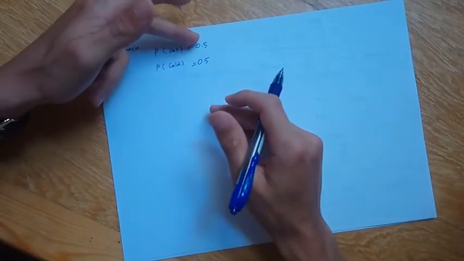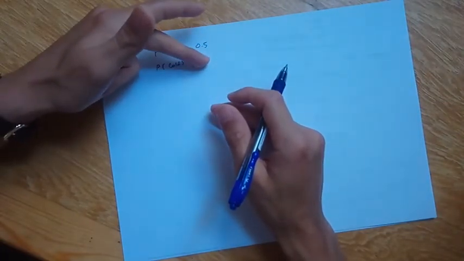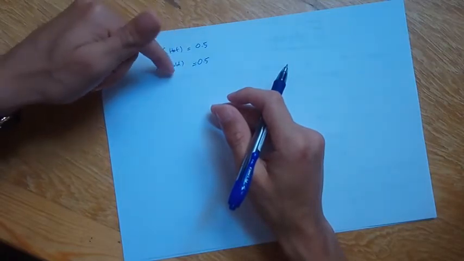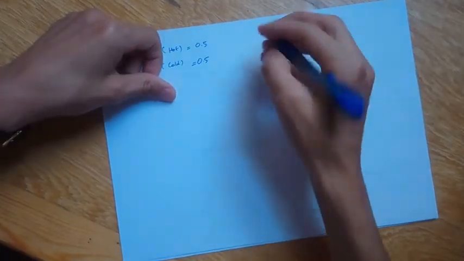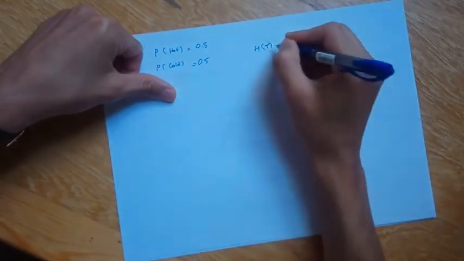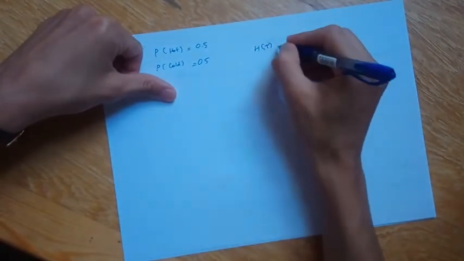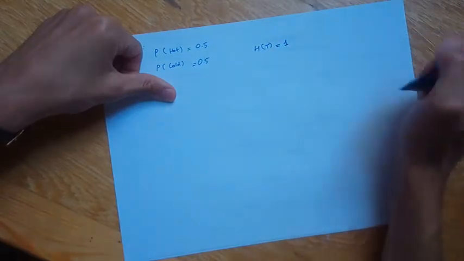Because I have here 50% chance for the temperature to be hot, and again 50% chance for the temperature to be cold. So this means that I really need this information about the temperature. In that case, the entropy of the temperature, the random variable temperature, would be 1. This is the maximum value that the entropy can take.